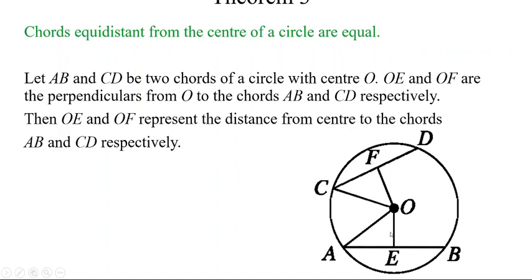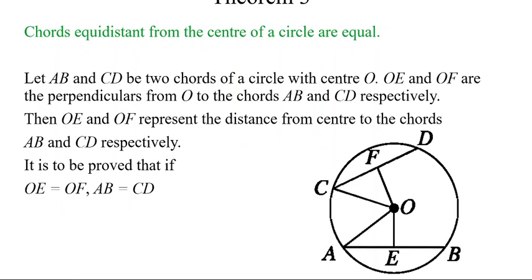Then OE and OF represent the distance from the center to the chords AB and CD respectively. It is to be proved that if OE and OF are equal, AB and CD will be equal. That is, chords equidistant from the center of a circle are equal. If chords are equidistant, they must be equal.